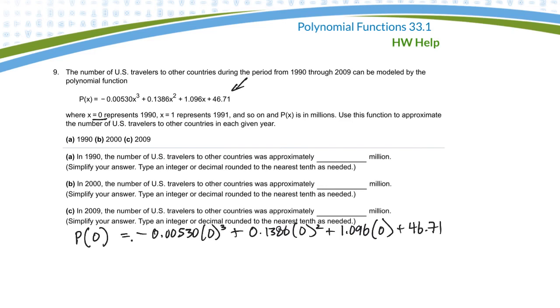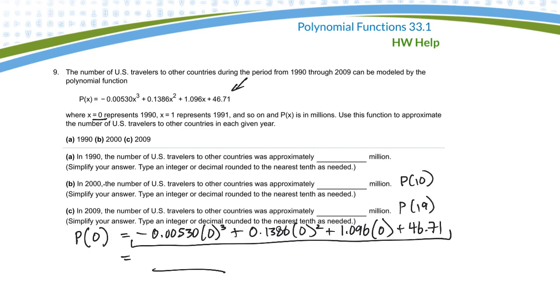But most of your calculators, including decimals, you can just type that whole thing in and your answer comes out to some number. And then they want you to do that for 2000, so that'd be 10 years. So you'd be figuring out P of 10. And they want 2009, that'd be 19 years. So P of 19. So they need to plug 10 or 19 everywhere there's an X.